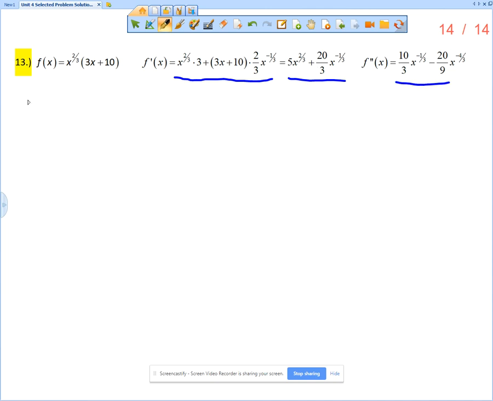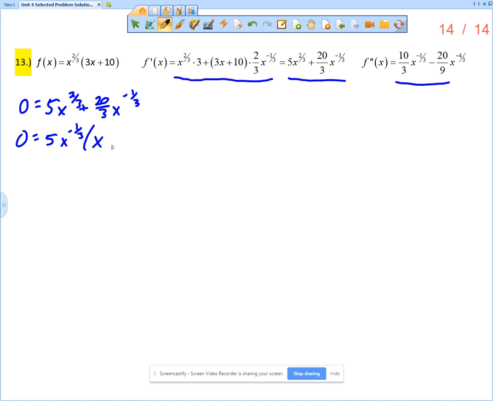So I'm going to set the first derivative equal to 0. So 0 equals 5x to the 2/3 plus 20/3 x to the negative 1/3. In order to do that, I'm going to factor. I can factor out a 5, and then factor out the lower power, x to the negative 1/3, which leaves me with x to the first, because negative 1/3 plus 1 gives you 2/3.